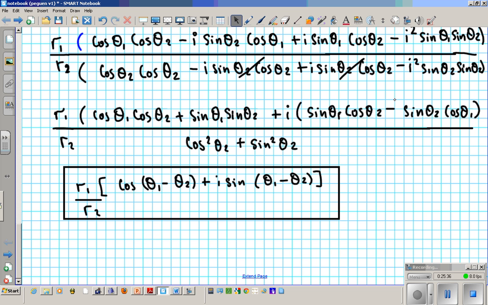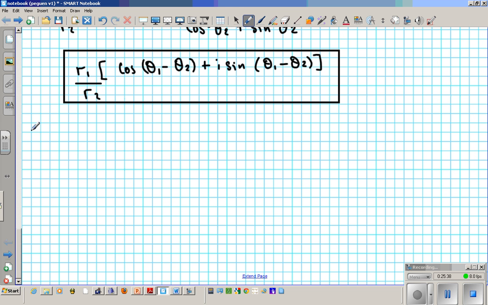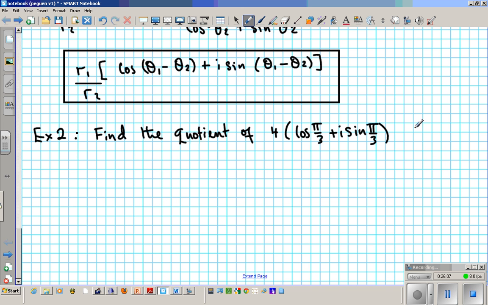Okay? Alright, example number 2. Example 2, write this down. Find the quotient of 4 cosine pi over 3 plus I sine pi over 3 and 2 cosine pi over 6 plus I sine pi over 6.